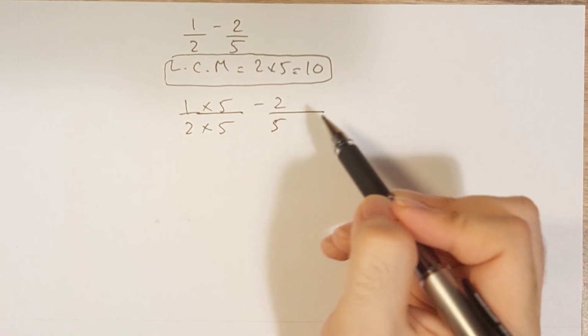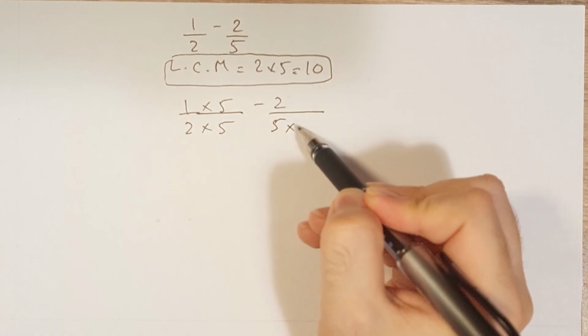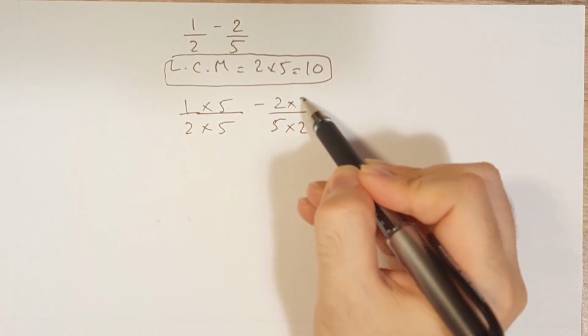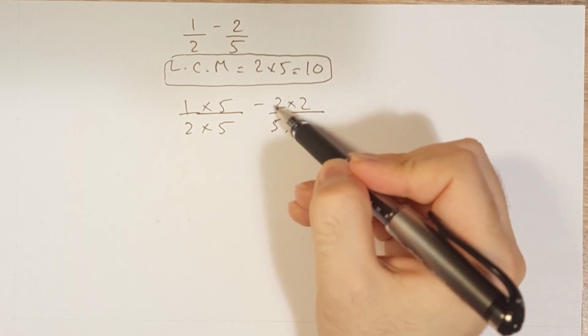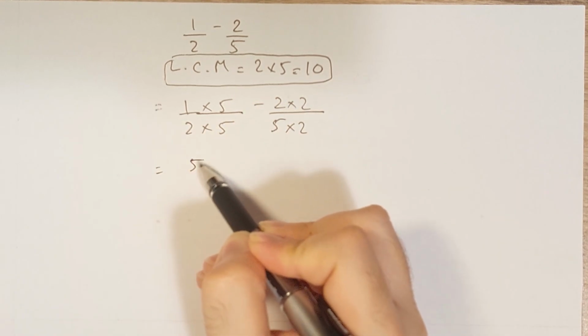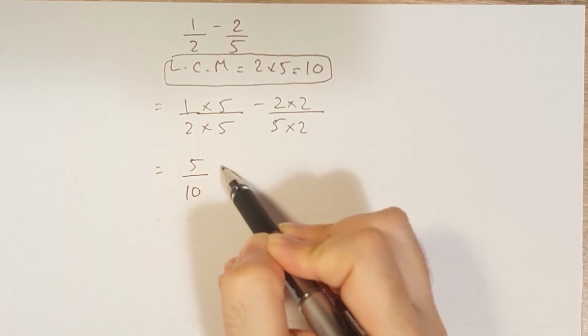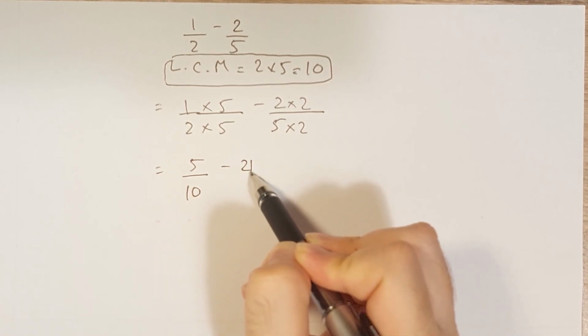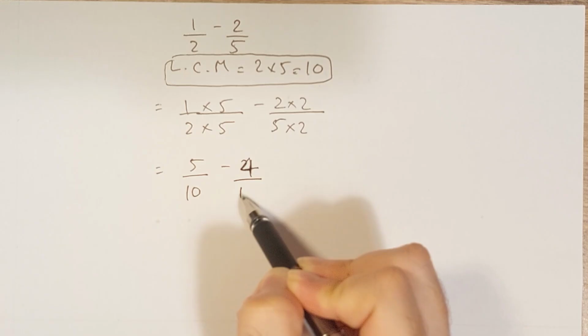We take 2 by 5. We multiply 5 by 2 to get 10, and we multiply the numerator 2 with the same number. This gives us 5 by 10. This gives us 4 by 10.